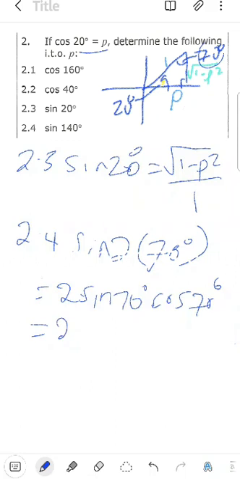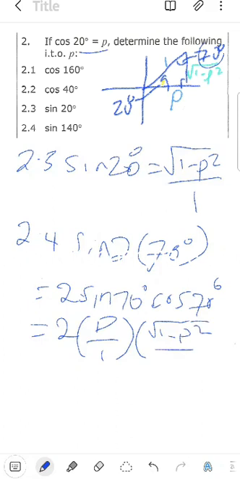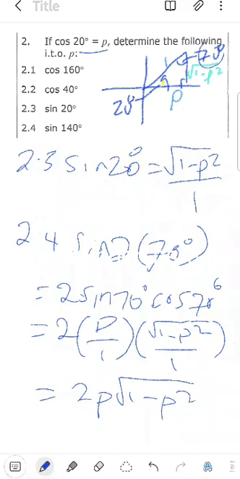Now this is 2 into, now 70, looking at that, sine is opposite, which is p over hypotenuse 1, multiplied by the cos, which is the adjacent, which is the square root of 1 minus p squared over hypotenuse 1. So this will just be the final answer of 2p square root of 1 minus p squared. Then that's it.